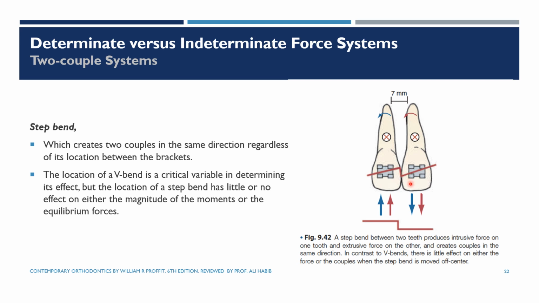So yes, you are going to correct the level of the two brackets, but not by extrusion and intrusion force. You're going to do that mainly by rotating the two teeth to align the two brackets, but in an inclined plane, which is not desirable in orthodontic treatment.